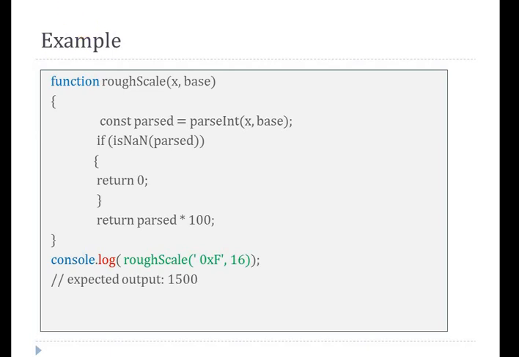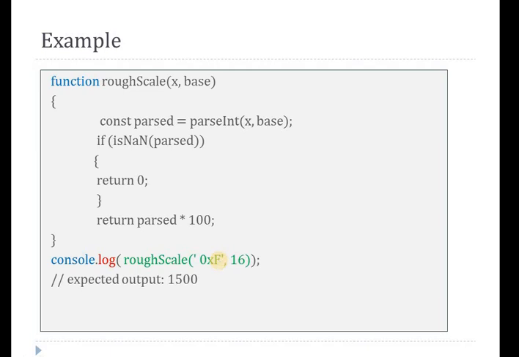Why? You just need to remember a few points to understand this function. Whenever the first argument has a 0x prefix, then it will be treated as a base value of 16. If I ignore the second argument, you will still get the return value 1500, because you are using the 0x prefix followed by f.